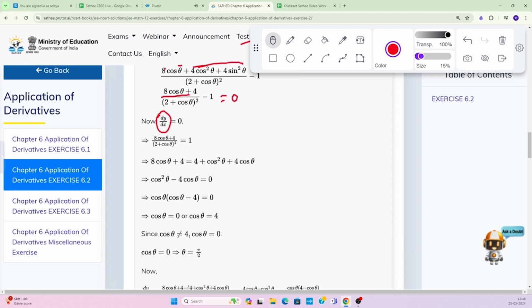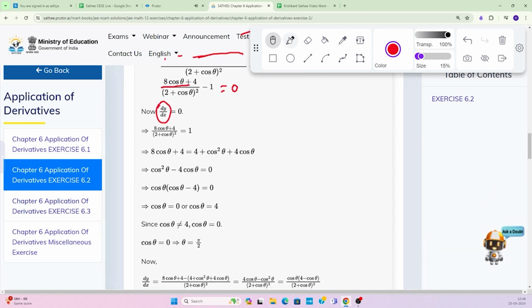So putting dy over dx equals 0, this expression equals 1. Cross multiply, you will have 8 cos theta plus 4 is equal to 2 plus cos theta whole square. If you expand, you get a square plus b square plus 2ab, where 2ab means 4 cos theta.